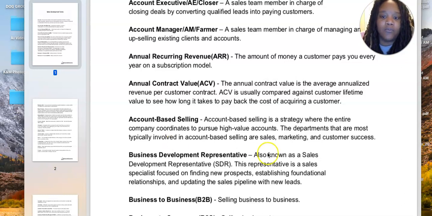And I say that because sales is generating revenue, marketing is a form of generating revenue, and customer success is a form of generating revenue. So that's why they play a very big role in account-based selling.